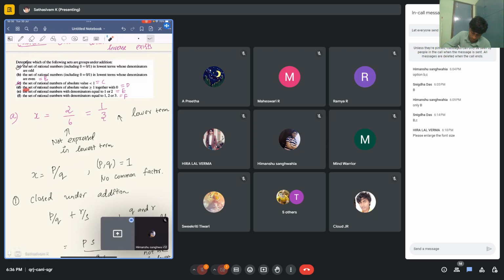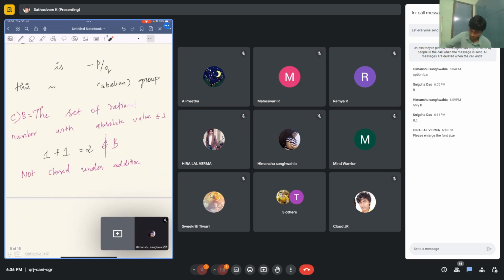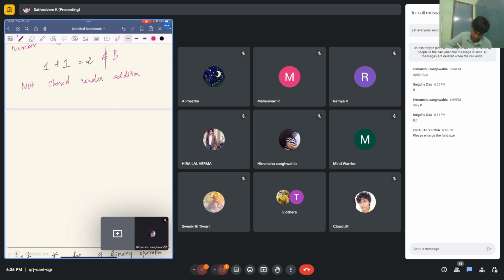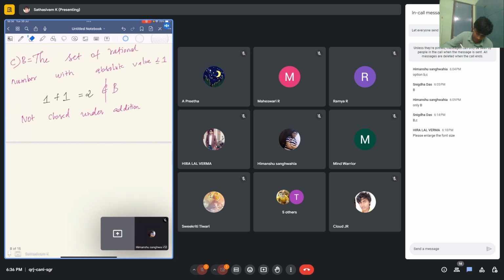So let's try this one also, maybe. This is kind of the other way around. It's the set of all rational numbers with absolute value greater than 1 together with 0. So before that, I will just change the symbol here.